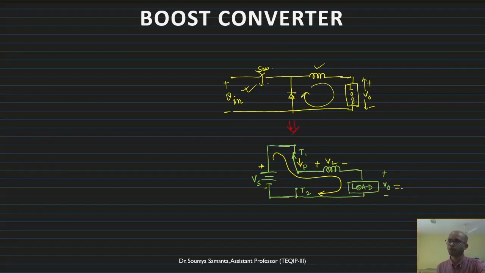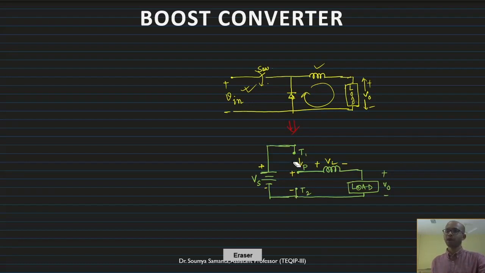We get V output equal to Vs minus VL; in steady state we will get Vs. Now whenever this is connected, this will be plus and this will be minus. So this polarity is the blocking polarity between P and T2.